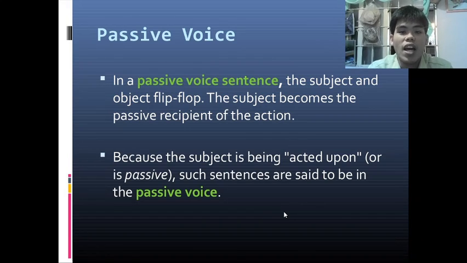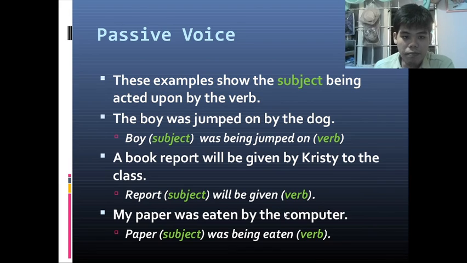The subject is the one getting the action. He or she is not doing the action. He is receiving the action. Because the subject is being acted upon or is passive, such sentences are said to be in the passive voice.